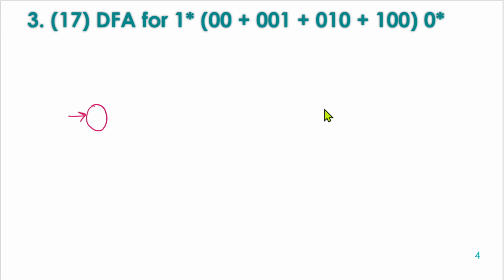We just need to keep track of any one pattern received from this middle pattern. So at the initial state we can have a self loop of 1 as per this expression. Now, keeping track of the minimum or common substring as 00.